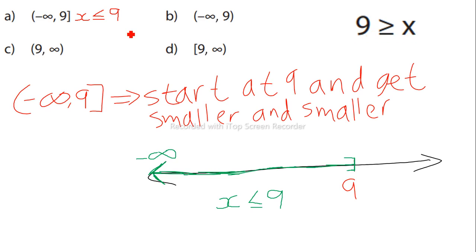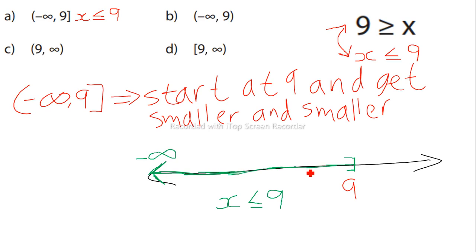So we immediately found it, because think about it. If 9 is greater than or equal to x, then that means that x is less than or equal to 9. These inequalities are saying the same thing. And the reason why that's true is because 9 is greater than or equal to x.